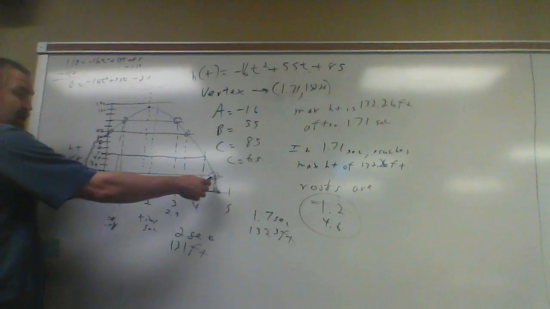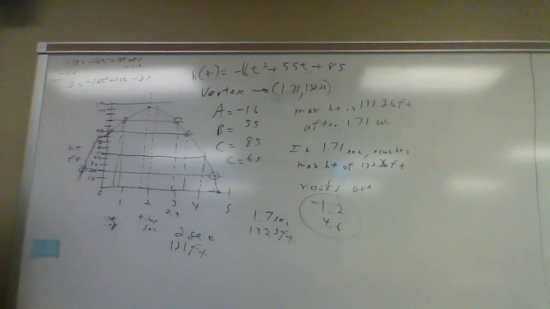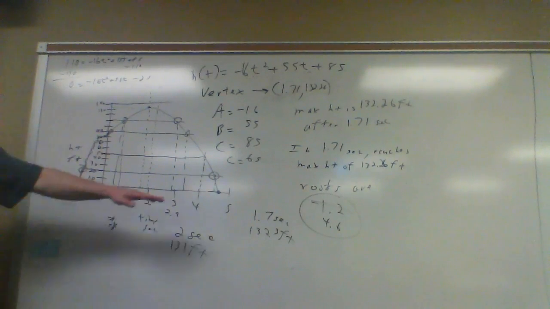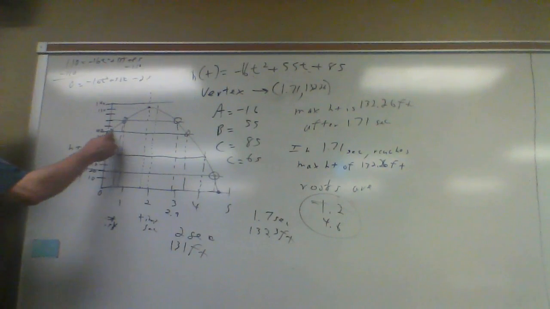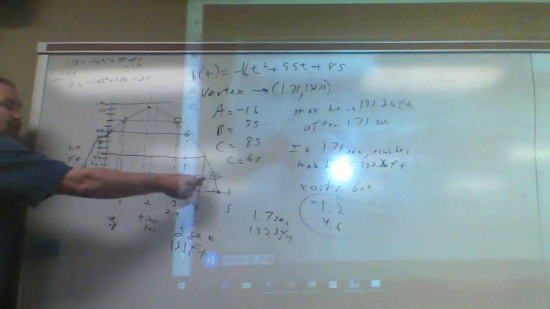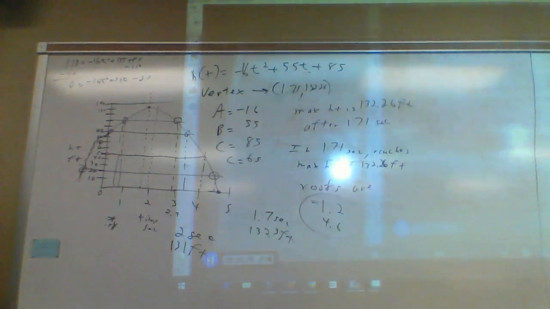So 20 feet above the ground should be pretty close to 4.6, and it is 4.4. And there should only be one answer because it started at 85, so it's only going to hit the ground one time.